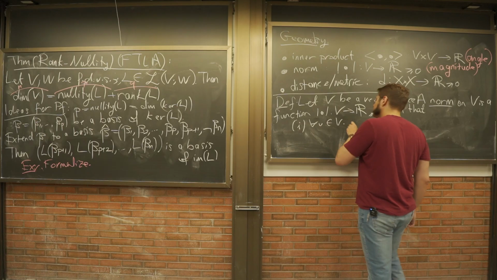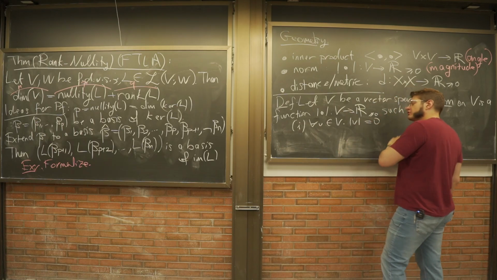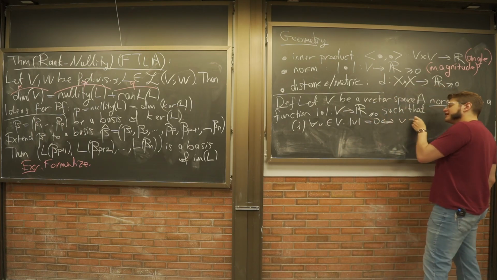For any v in V, the norm of v equals 0 if and only if v itself is 0.